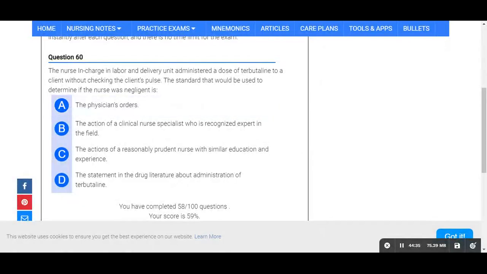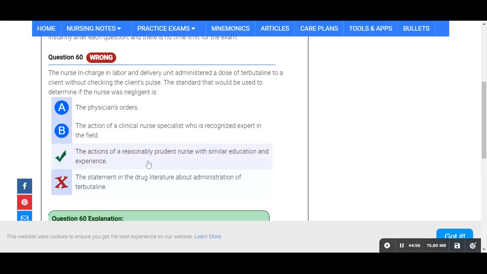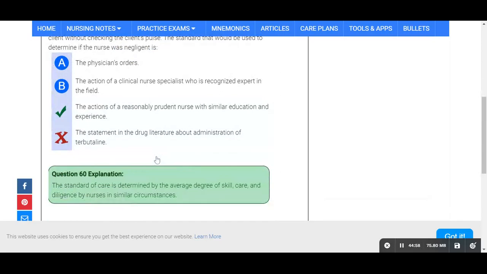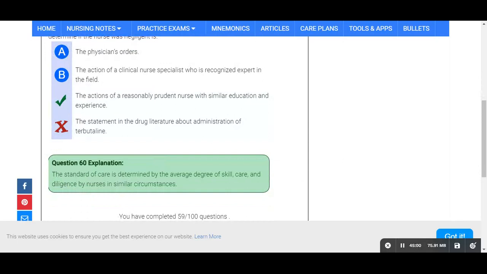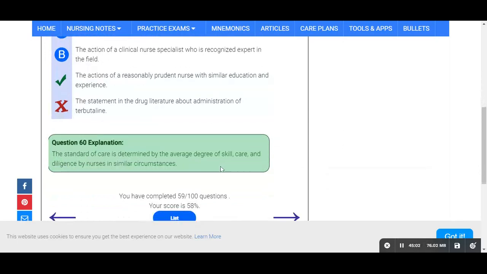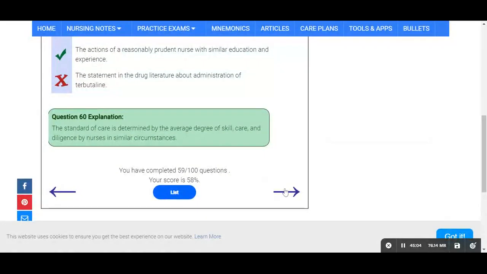So the standard that would be used to determine if the nurse was negligent is: physician's order, actions of a clinical nurse specialist who is a recognized expert in the field, actions of a reasonably prudent nurse with similar education and experience, or the statement in the drug literature about administration of terbutaline. No, actions of a reasonably prudent nurse. Okay. Standard of care is determined by the average degree of skill, care, and diligence by nurses in similar circumstances.